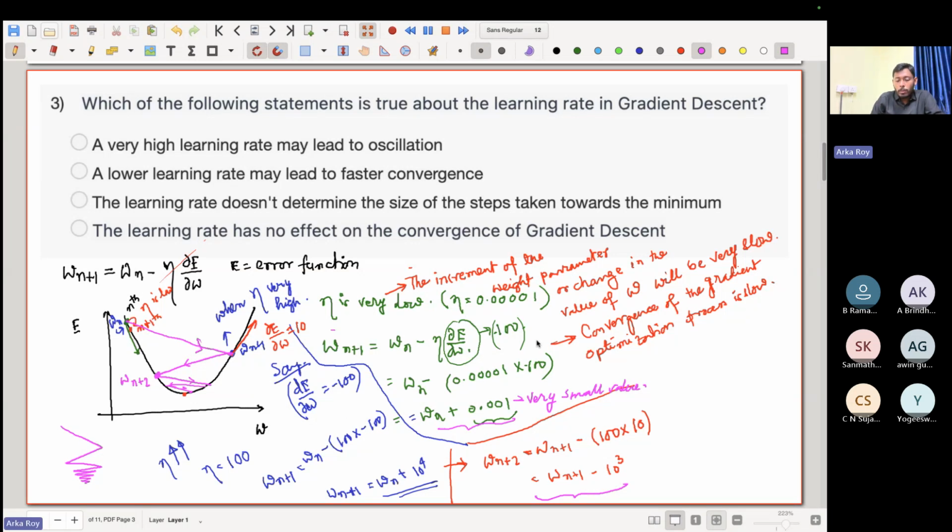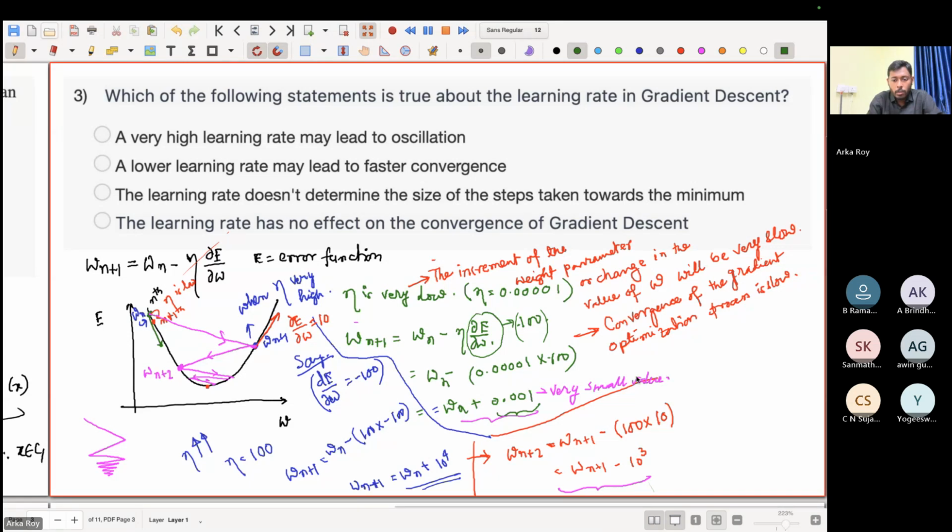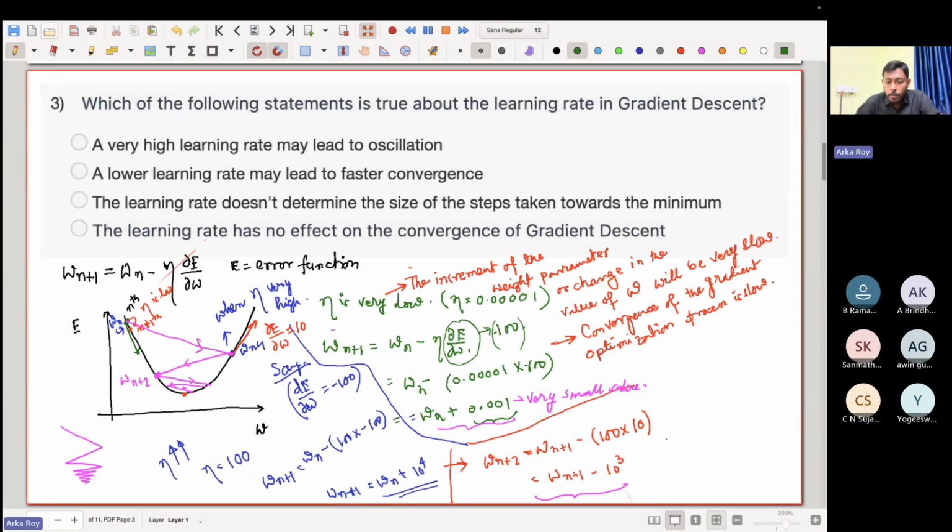So the conclusion that you can draw from here is, when eta is very high, there will be a large number of oscillations.